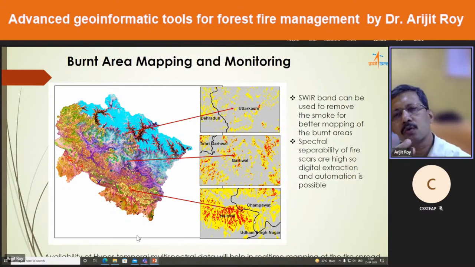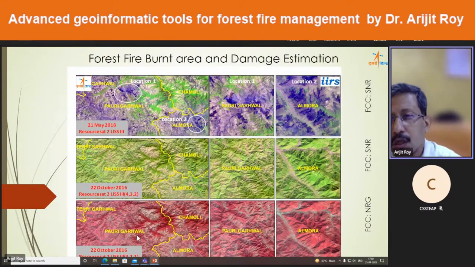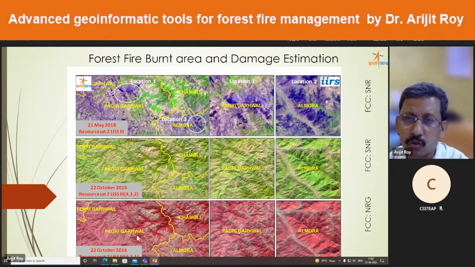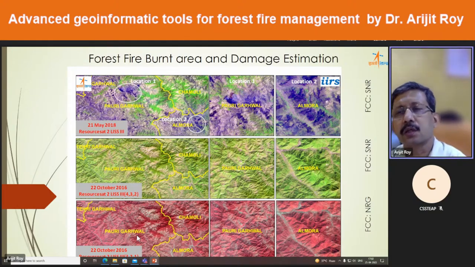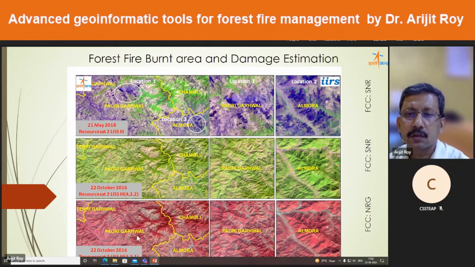So how do we detect this? The top row of images is the false color composite using shortwave infrared, near infrared, and red after the fire event, and the middle row is the same area before the fire event.